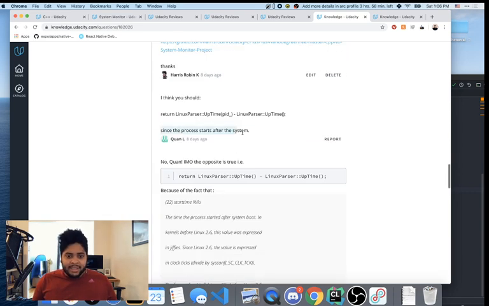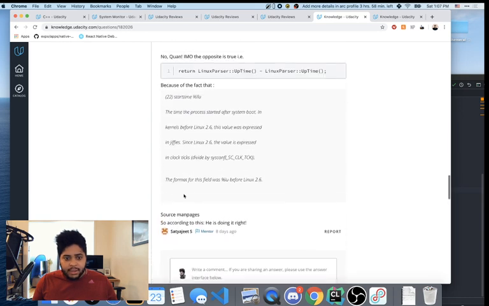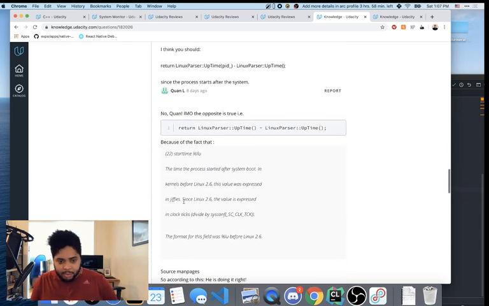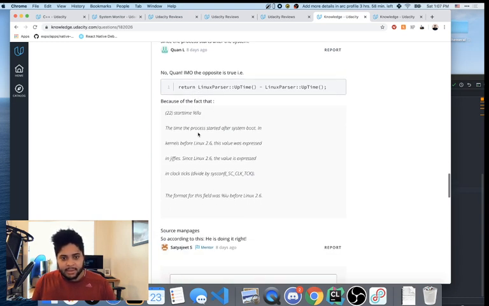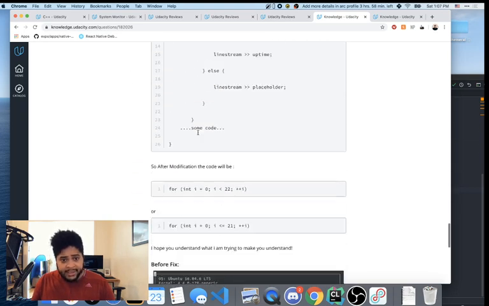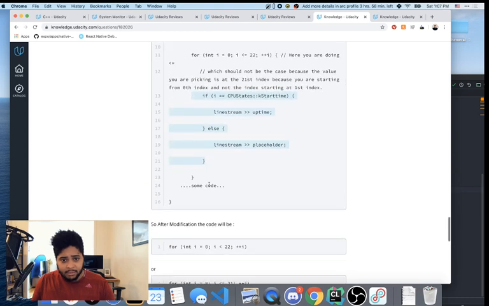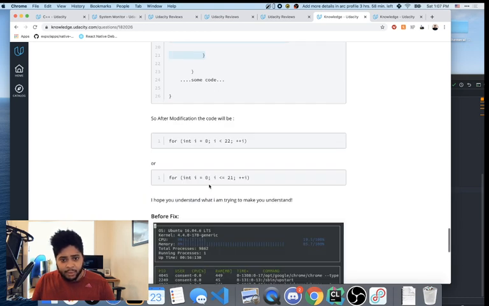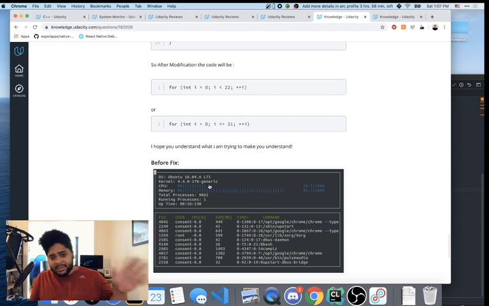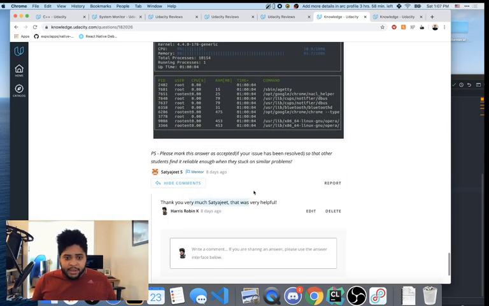But here I'm told by Satyajit, who has actually been one of the more helpful mentors, that it seems like I'm doing it right. And here as the accepted answer, I'm told specifically what I'm doing wrong in the uptime function. So this is what ends up fixing the negative value issue. Great. Thank you very much.